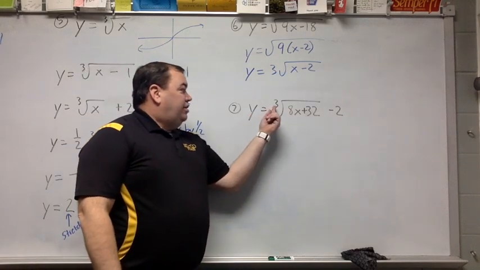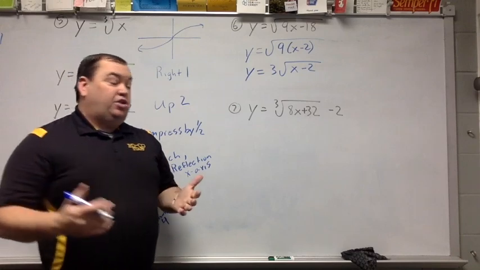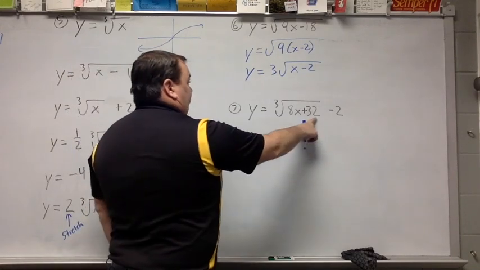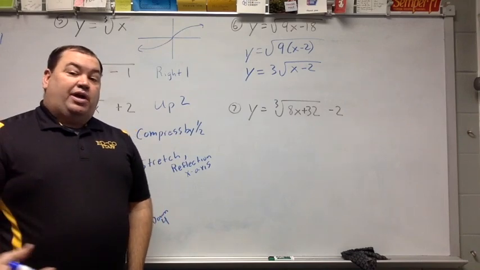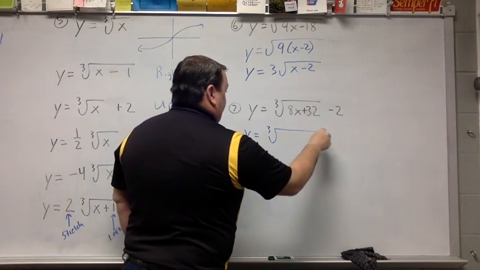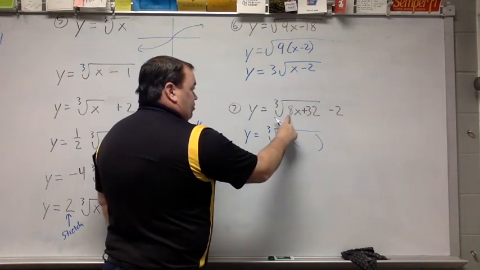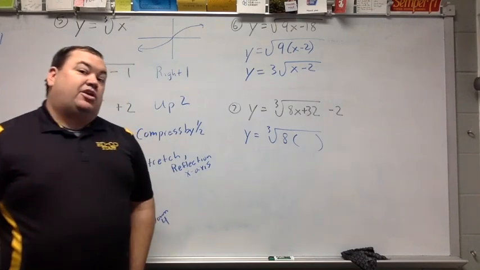Now if I'm dealing with a cube root, I have to think in terms of cubes. So yes, I could definitely take a 4 out of these, but 4 is a square root. So I have to take out something that is a cube root. They both have a factor of 8, and 8 is a cube root.